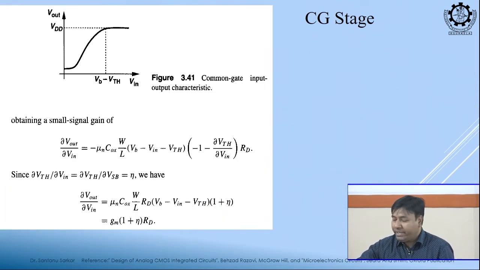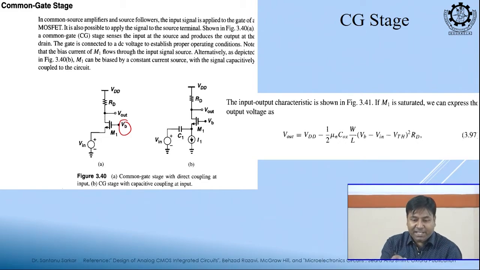So, now tell me, if this MOSFET is off, what will be my output? If suppose this is off, my ID is equal to 0, what should be my output? Output should be VDD.